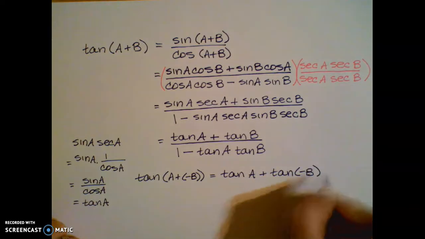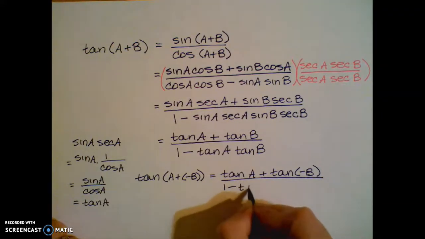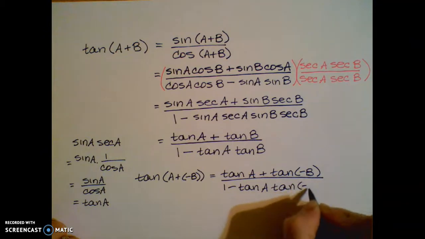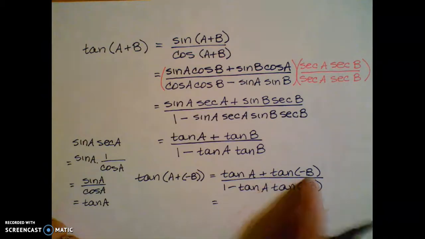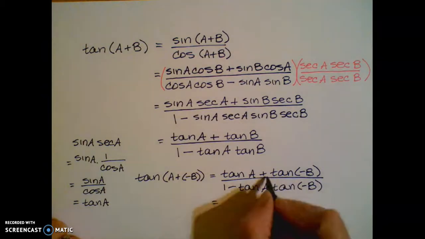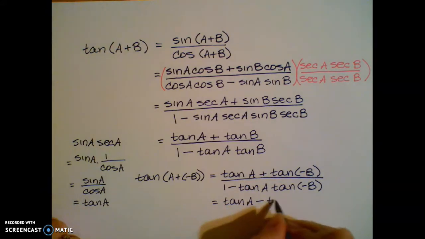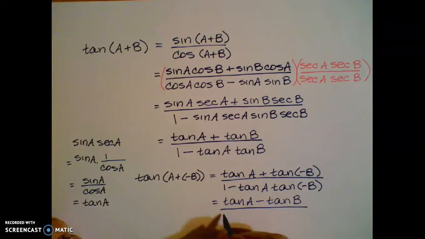So in this case, where we substituted in that opposite of B, and then use our odd-even identities, because this is an odd function, that plus is going to become a minus. And likewise in the denominator, this minus, because of this odd tangent of opposite B, becomes plus.